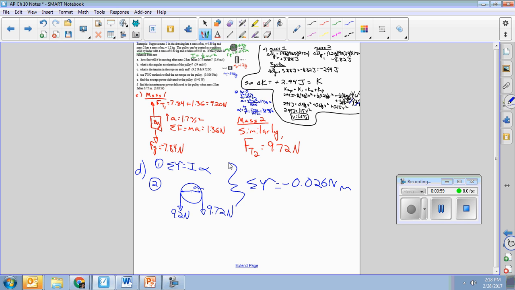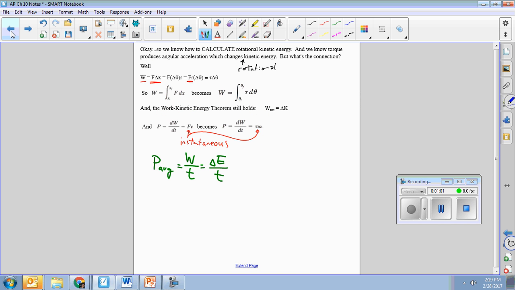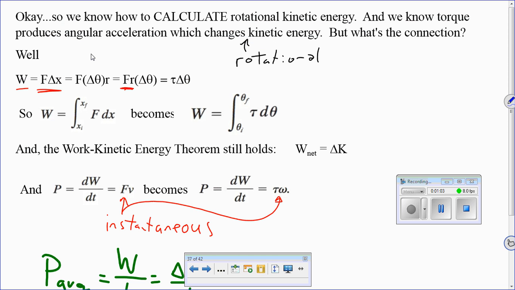So it's probably worth taking a second and jumping back. Here are the two equations we learned. To calculate the instantaneous power, previously we just did force times velocity. Now that we're talking about rotational, it's torque times omega. Even if something is rotating, you can still do force times velocity.